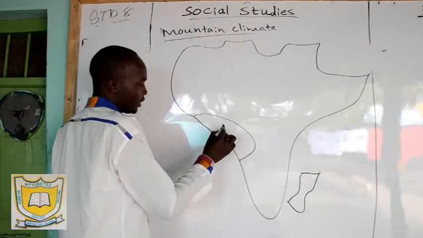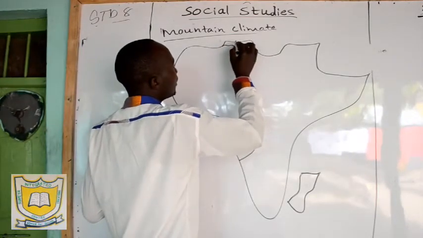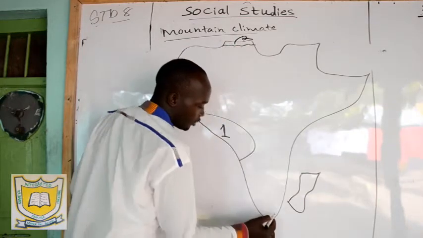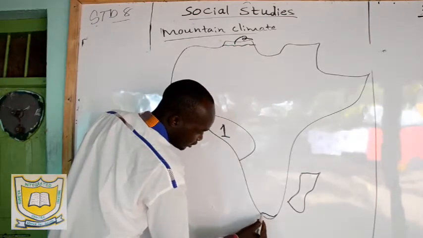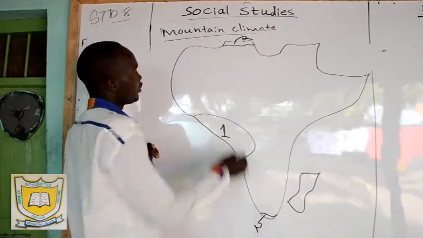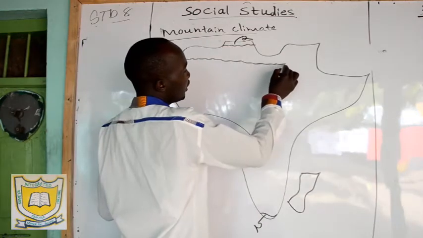This is number 1. And then there is another one here. This is number 2. It is also here. Down here, this is also number 2. You'll also find it like that. There's also another one here.